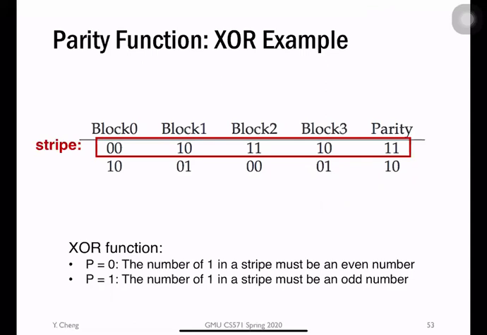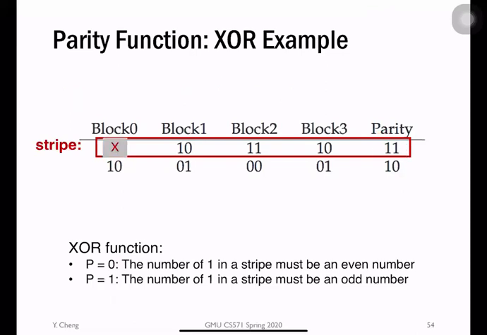So this stripe, you calculate by using exclusive OR, right? 0, 0, 0, 1, 1, 0, 1, 1, 1, 0 gives 1, 1, okay? You do the same XOR on the second stripe, okay?